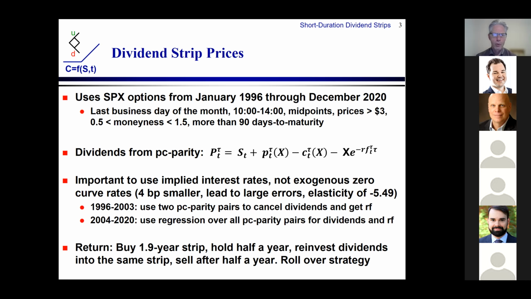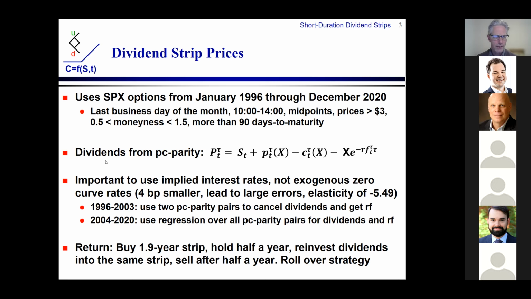We also go for options of more than 90 days to maturity. In order to work out the dividend strip prices, so we are not at the return stage yet. Right now, we want to get the prices of these securities, and then we take differences to get to the returns on these securities.